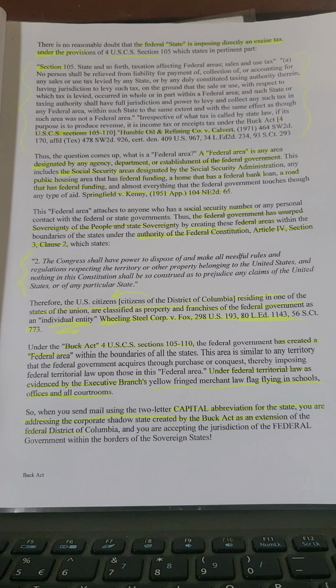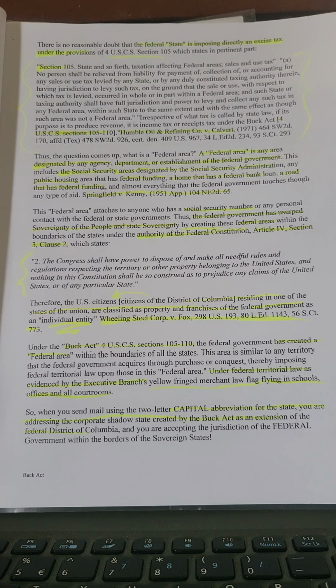Thus, the federal government has usurped the sovereignty of the people and state sovereignty by creating these federal areas within the boundaries of the states under the authority of the federal Constitution, Article 4, Section 3, Clause 2, which states: The Congress shall have power to dispose of and make all needful rules and regulations respecting the territory and other property belonging to the United States, and nothing in this Constitution shall be so construed as to prejudice any claim of the United States or of any particular state.